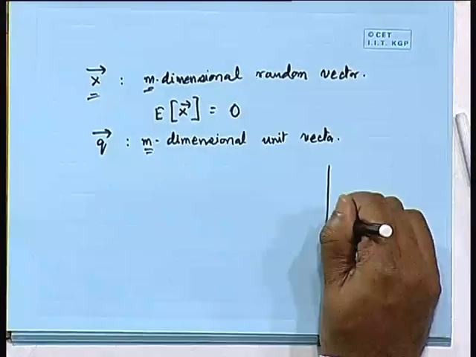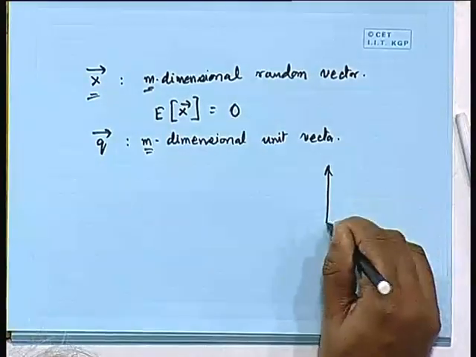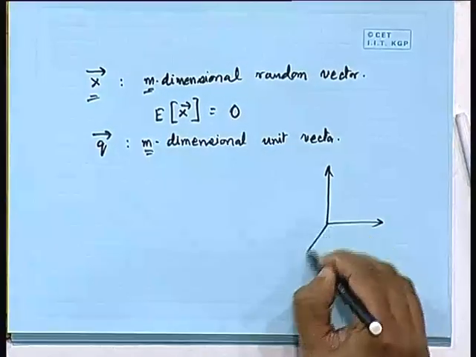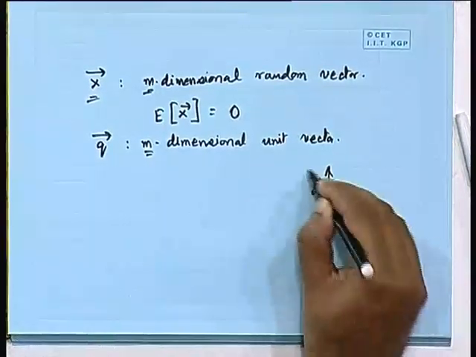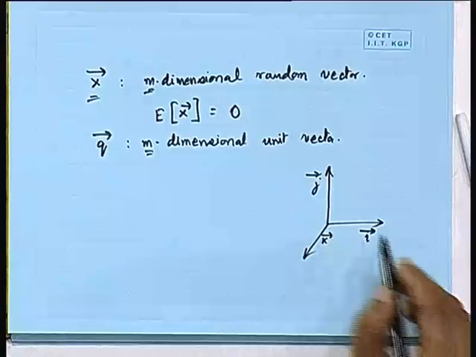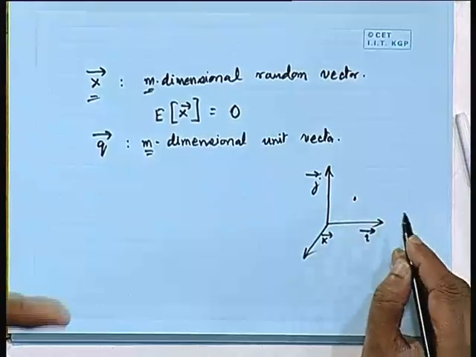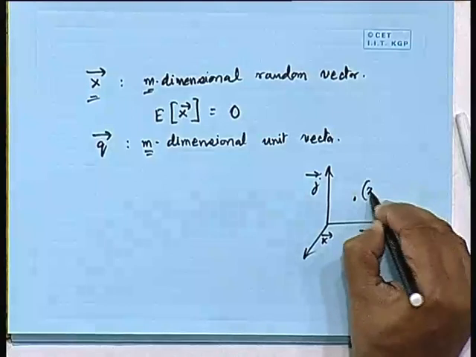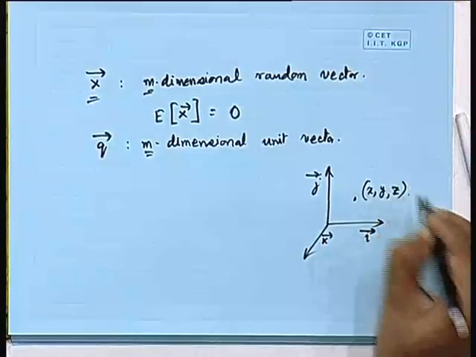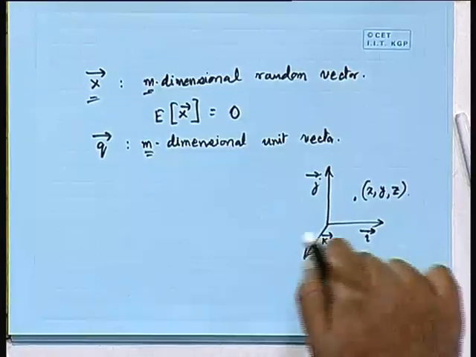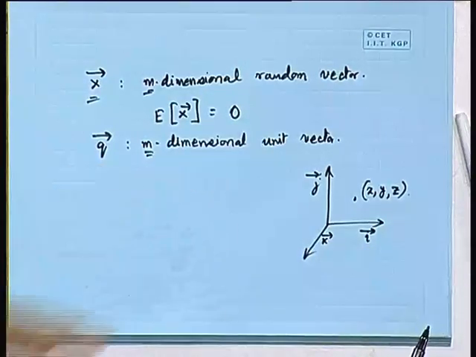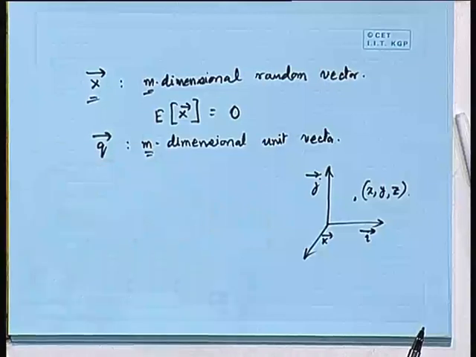Supposing we have a 3 dimensional input vector, let us say i, j and k are available as the unit vectors, and supposing we have a point in space with coordinates x, y, z. In order to represent this in vector form, we project this point in the i direction, j direction and k direction.